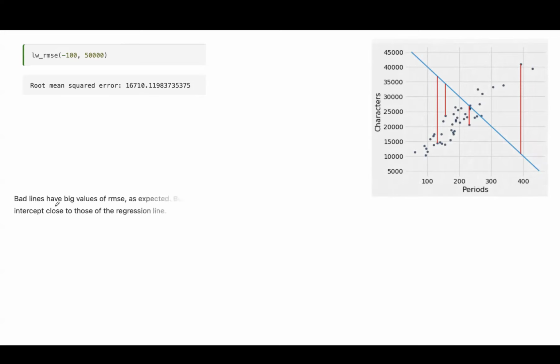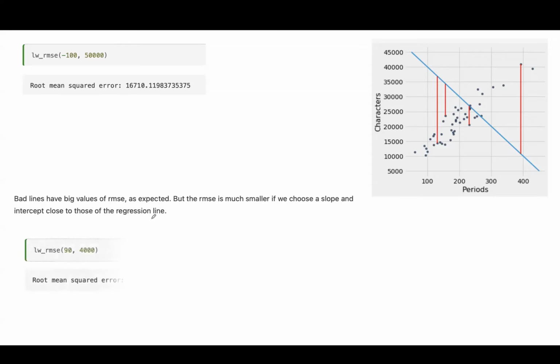Remember that bad lines have big values of root mean squared error, as expected. But the root mean squared error is much smaller if we choose a slope and the intercept that is close to the regression line. Don't believe me?